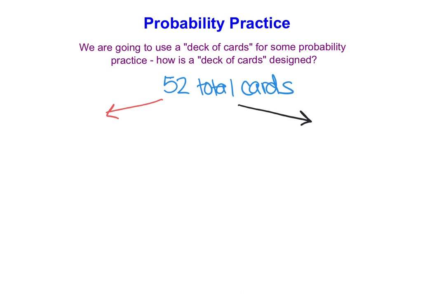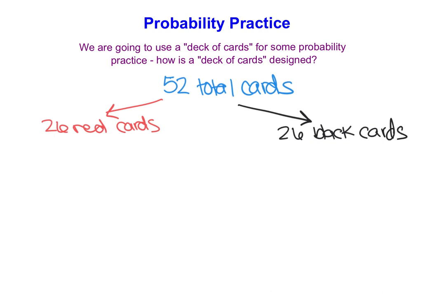So we have different colored cards. Now, 52 divided by 2 is going to split that 52 perfectly in half. So here we have 26 red cards and we have 26 black cards.